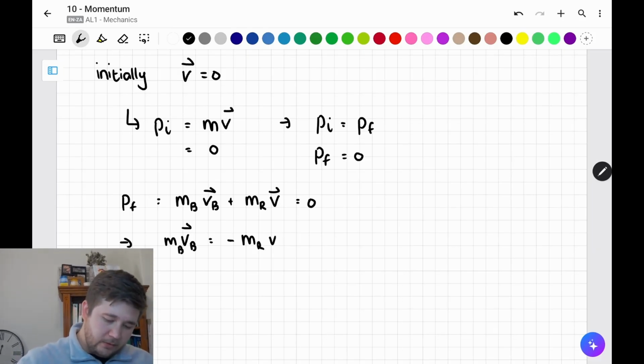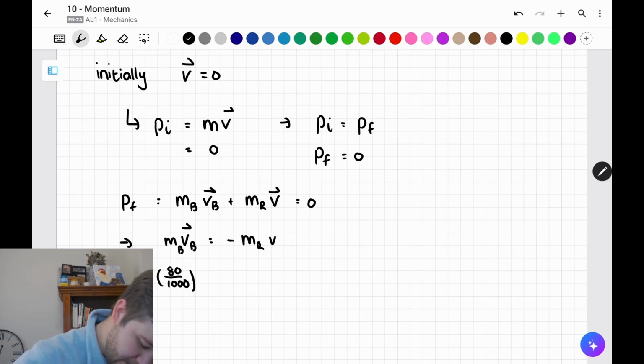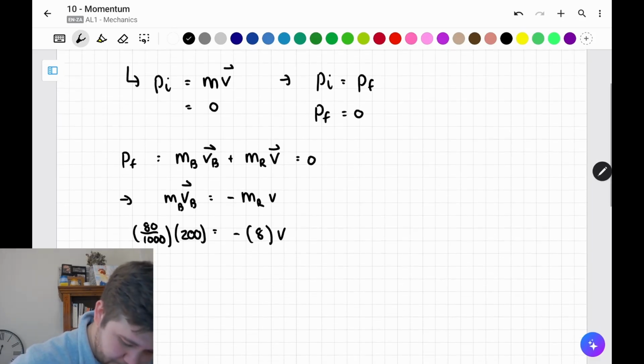Now, we know what the mass of the bullet is. It was 80 grams, so 80 over 1,000, multiplied by the velocity of the bullet, which was 200 meters per second. And then we know that the mass of the rifle is 8 kilograms, times V. Simple enough.